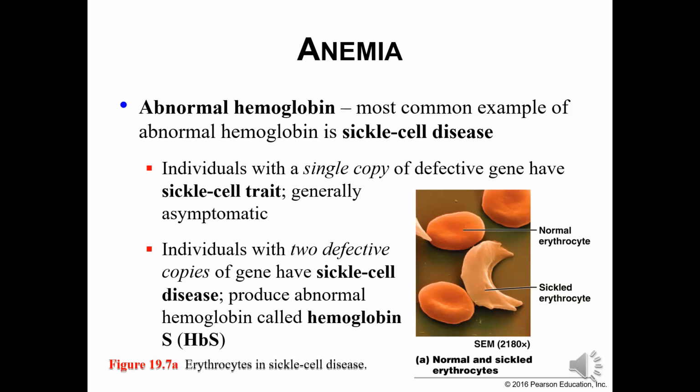Generally, these patients are simply asymptomatic because the red cells will generally not sickle in areas of oxygen demand. But individuals with two defective copies of the gene, having sickle cell disease, will produce an abnormal hemoglobin called hemoglobin S, and they will exhibit traits of sickle cell disease.